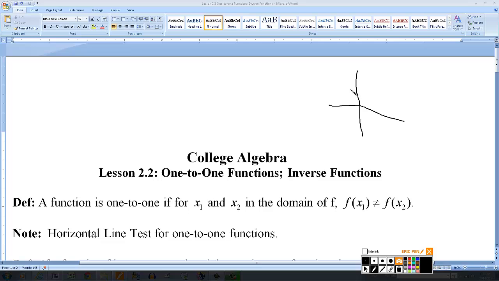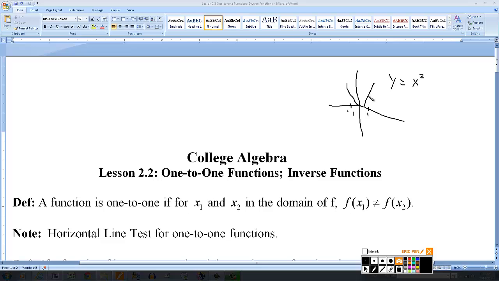So an example would be your parabola. The drawing's kind of bad here, but let's assume this is a nice symmetrical parabola, symmetric with respect to the y-axis. If I pick a point over here, -1, and if I go over here to the right, +1, and let's say this is the graph of y equals x squared.